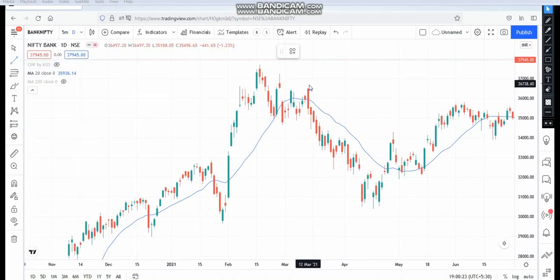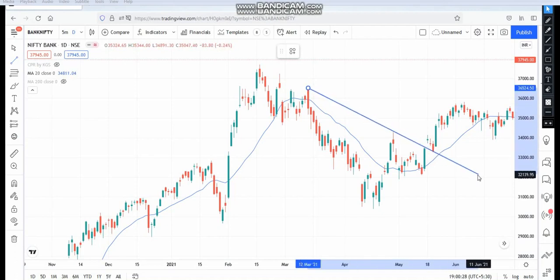Here you see there is a breakout here. The breakout occurred around 33,500. From 33,500 Bank Nifty went up to 35,700, almost 2,000 points. Here it was 33,500. Here the point is 35,500. Almost 2,000 points. The market has moved from here to here.